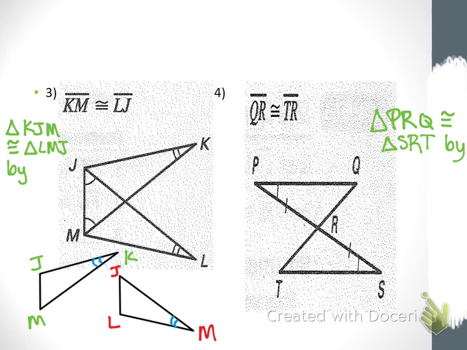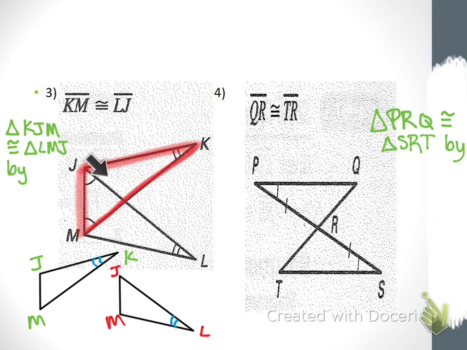But if we were to trace over the triangles, like this triangle here, JMK, Sam? Switch those. There we go. All right. If we trace over the triangles, it's easier to see which angles we're talking about.